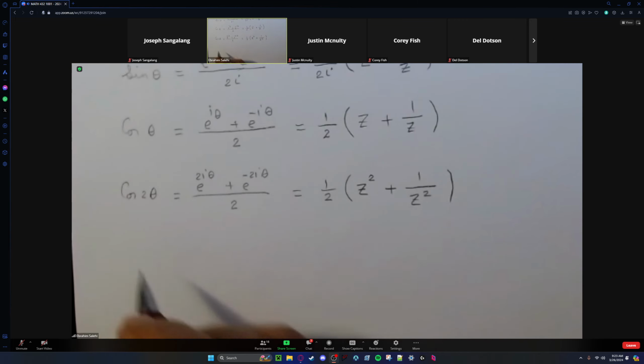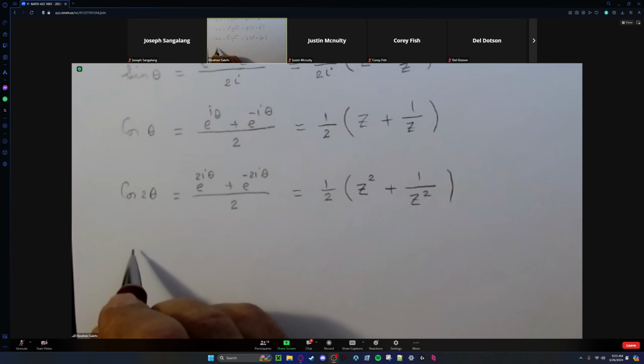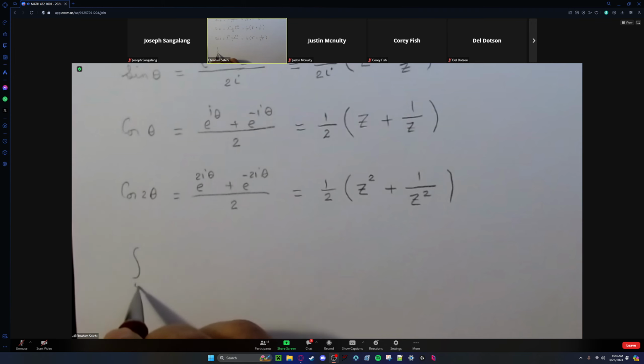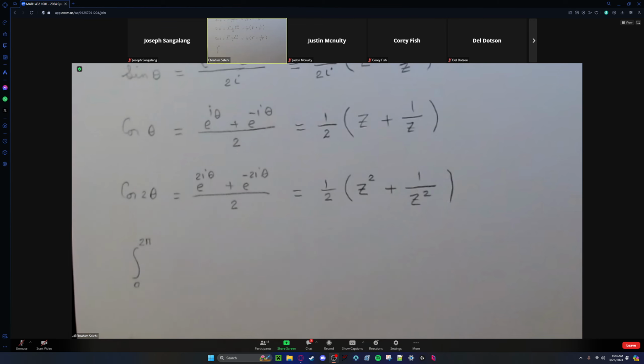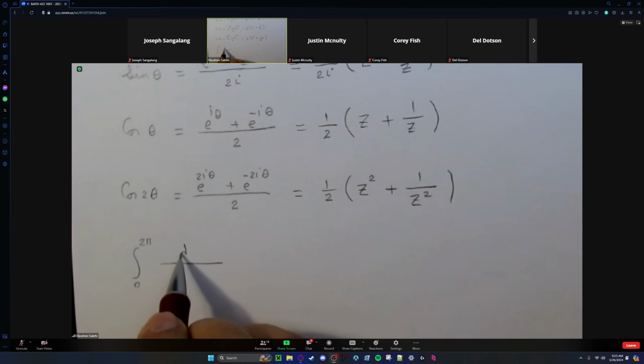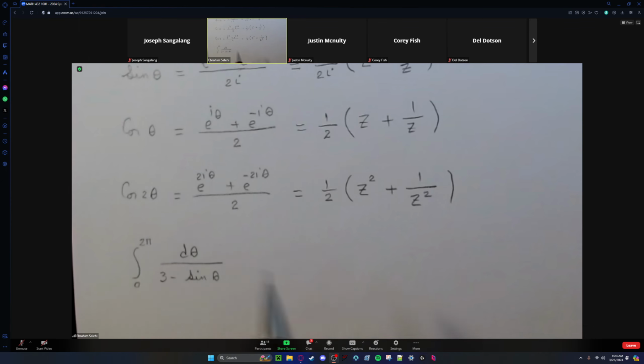So here comes the integral from 0 to 2 pi of d theta over 3 minus sine theta. This is the same as integrating over the unit circle.